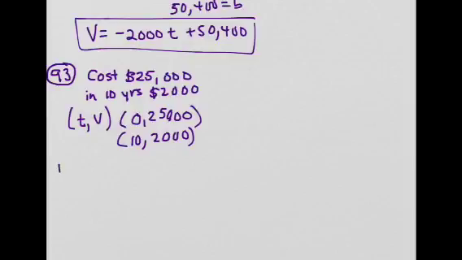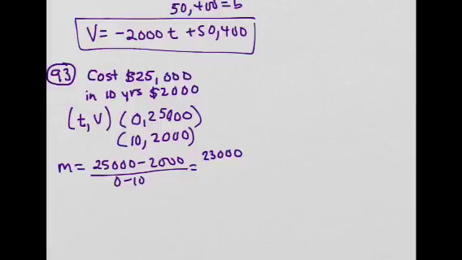So slope is 25,000 minus 2,000 over 0 minus 10. So that's going to give us 23,000 divided by negative 10, which is negative 2,300. So that's the slope.